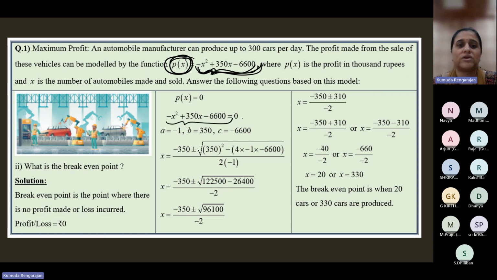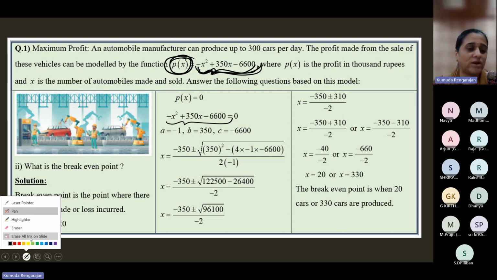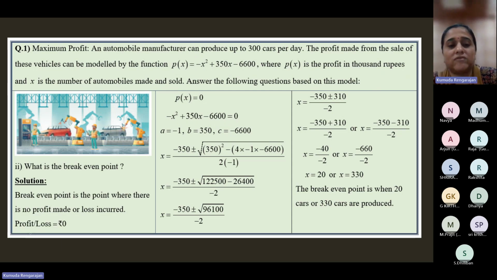Which means you will have to solve the quadratic equation. On solving the quadratic equation, you get x is 20, x is 330.